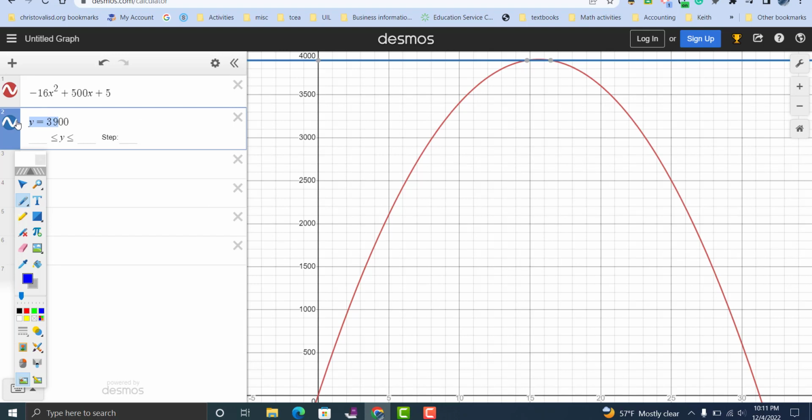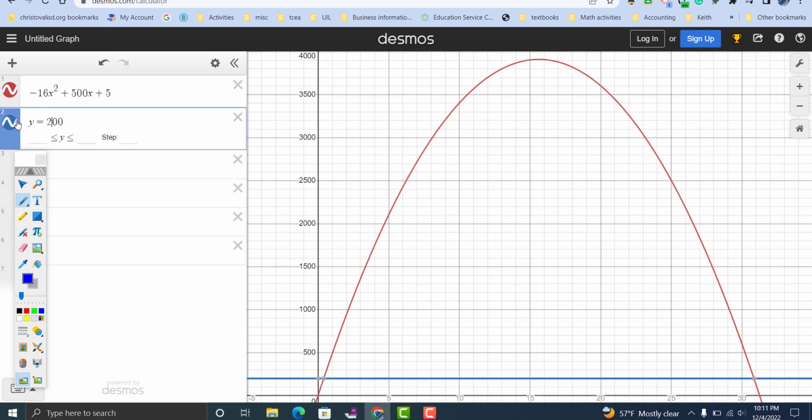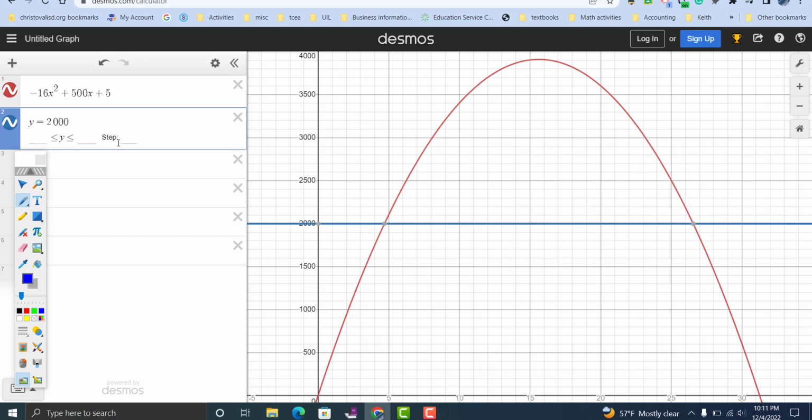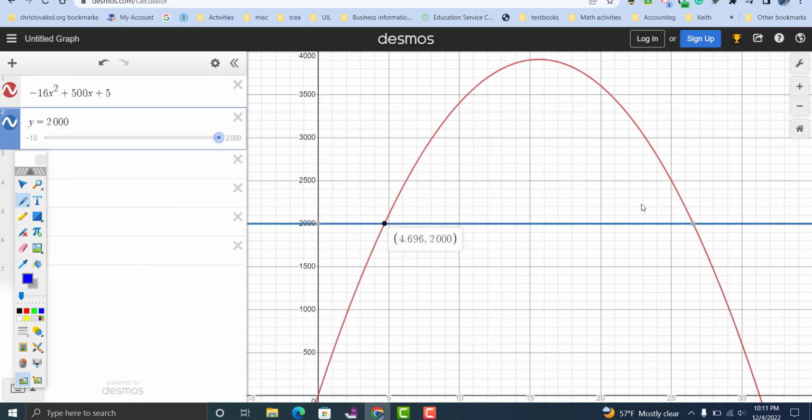Y equals 2,000. 4.696. And the other point is 26.554.